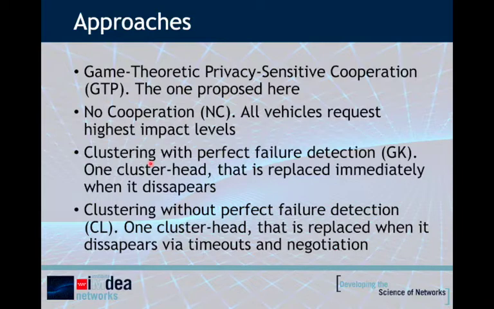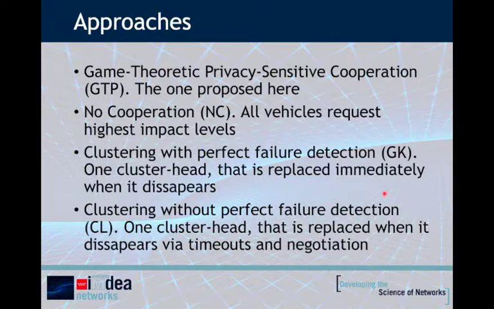The fact that it has perfect failure detection and immediate election of a new cluster head makes it the perfect, of course, not achievable situation. It's impossible in a real deployment to have this level of functionality, this performance. But it will be a reference for us. The closer we get to the performance of the gold standard, the better.